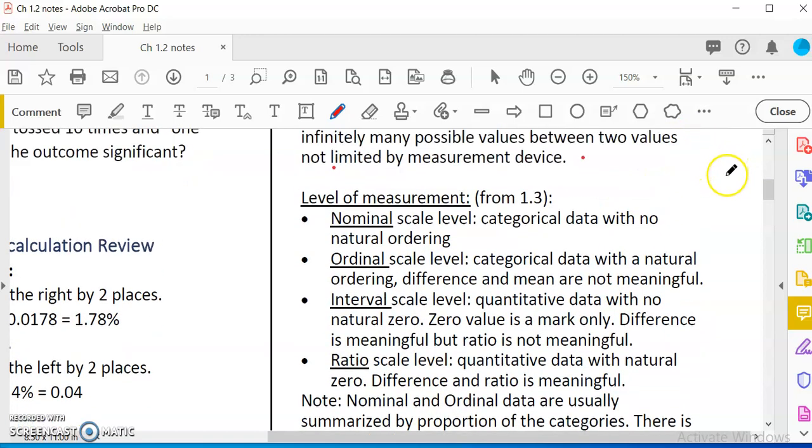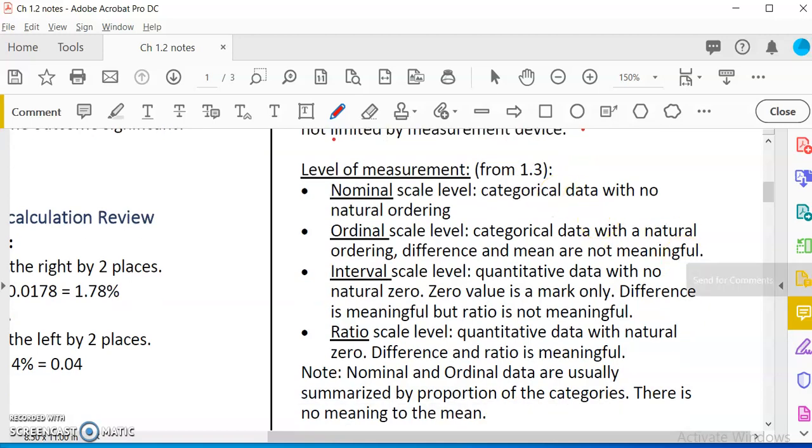Another way to classify data that I want to talk about here is called level of measurement. This in the book is in 1.3, but I moved it here because it's just another way of classifying data, primarily because of the needs in psychology.